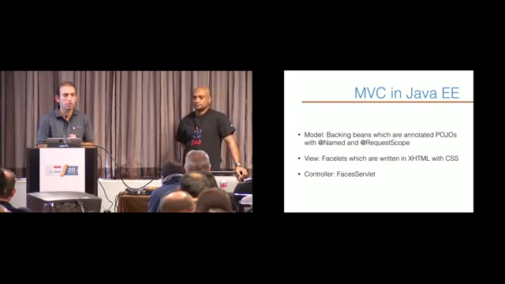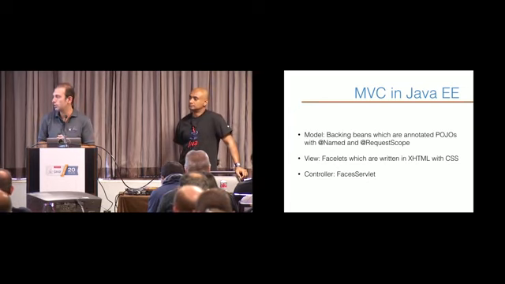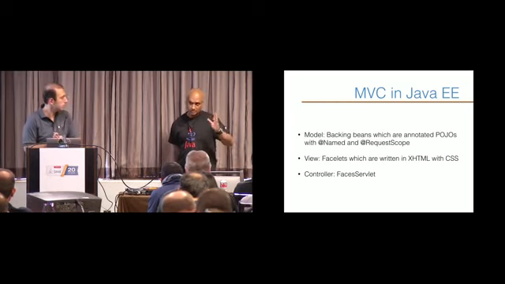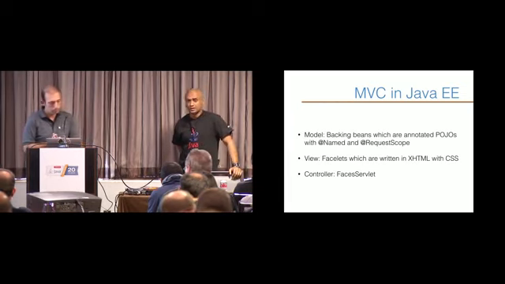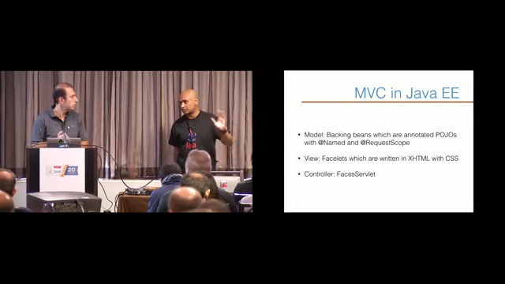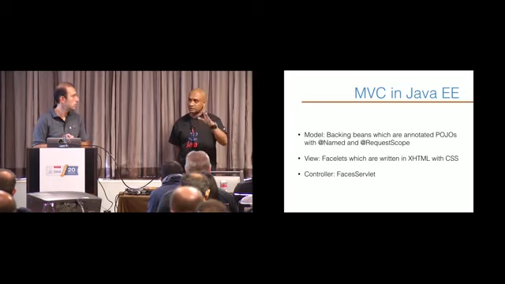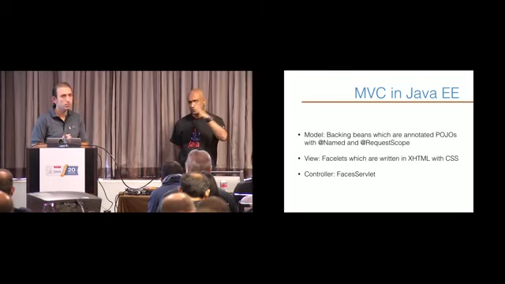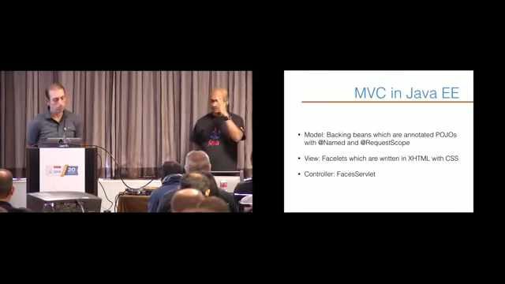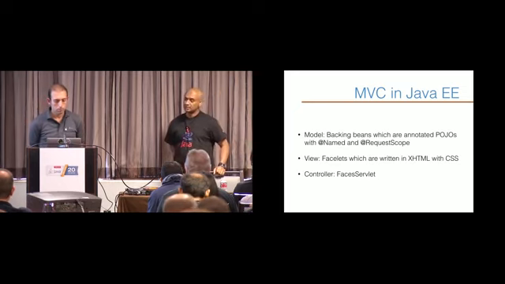It's the FacesServlet, and you don't really need to write anything for the controller part. In fact, that is the original intent of the MVC design pattern, the way it was implemented in Smalltalk. Smalltalk basically was the controller. You would never write a controller yourself. It's the exact same concept translated in exactly the same way in JSF.